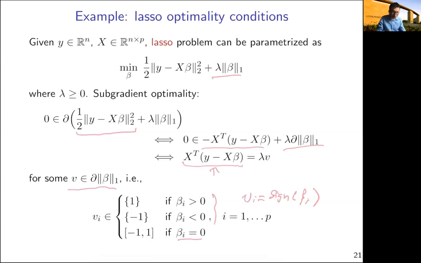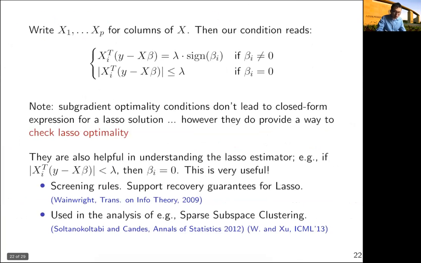For those coordinates where beta i is not 0, we have this exact linear system of equations, which says that this is exactly the same as lambda times the sign of beta i.